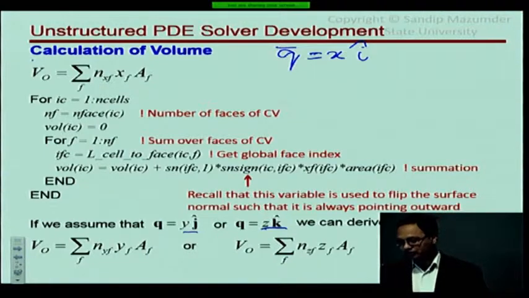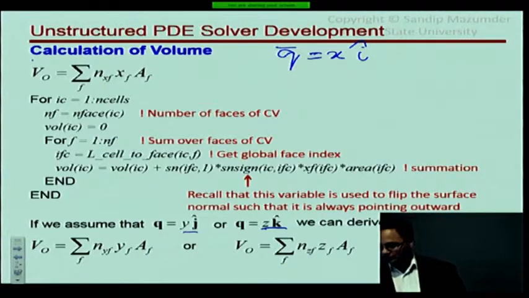If you did that, if you use this expression, then you would get an expression which would look like that, where it would be the y component of the surface normal times the y coordinate of the midpoint, and here if you do this, you will get the z component of the surface normal and then the z of the midpoint.